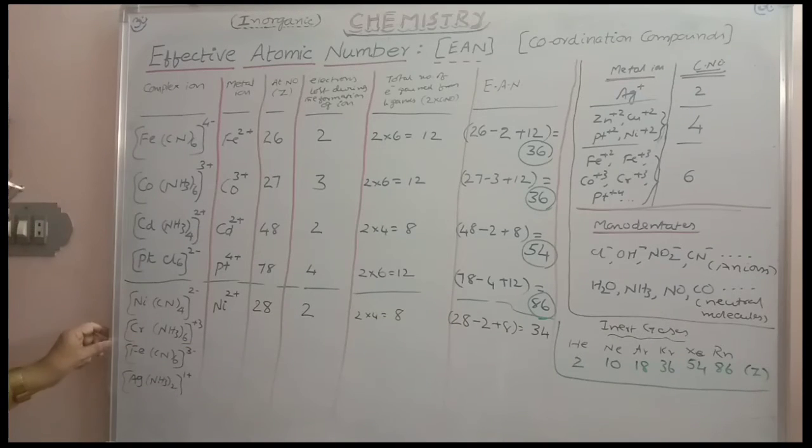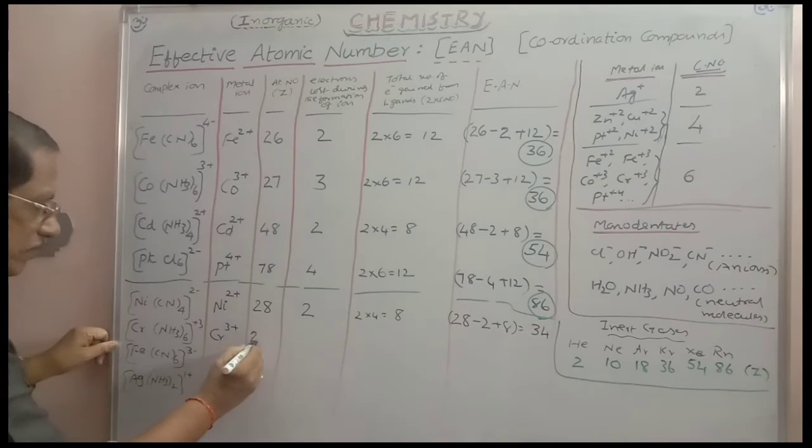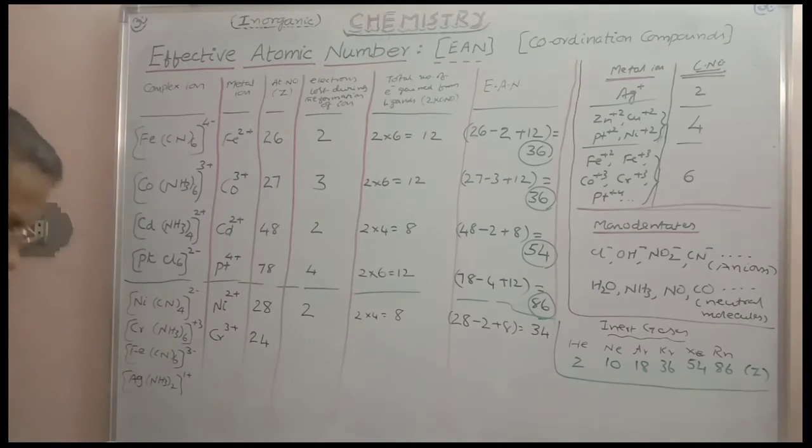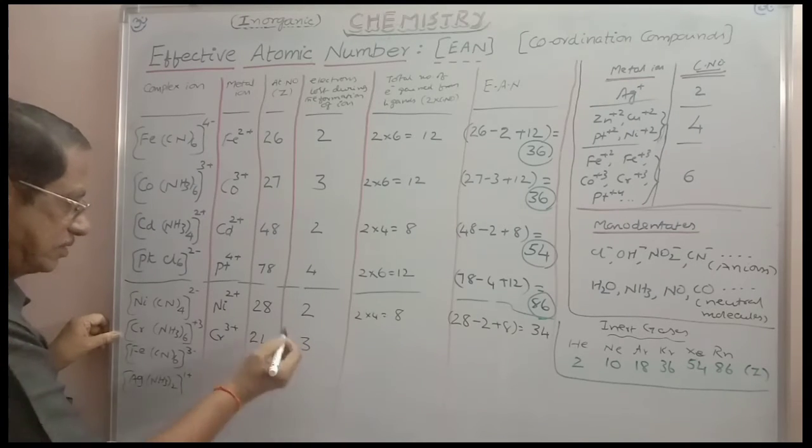Okay. Cr(NH3)6, here ammonia is 0, x plus 0 is equal to plus 3. So here Cr 3 plus. Chromium atomic number 24, a famous anomaly in the electron configuration, of course, 24. And how many electrons are lost here? Plus 3 is obtained by the loss of 3 electrons.